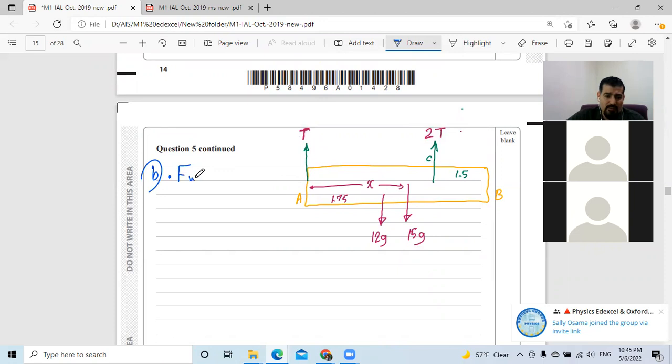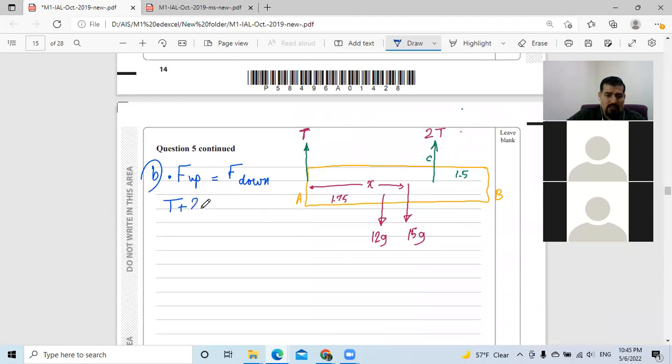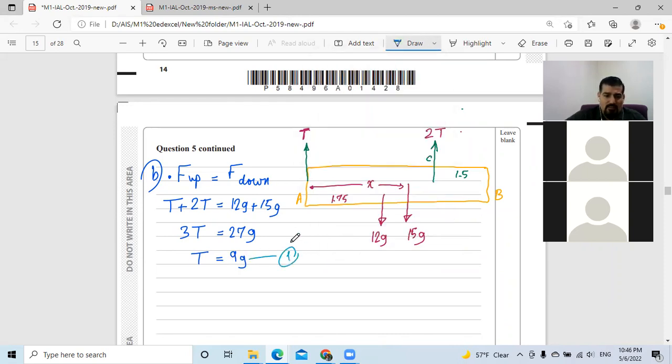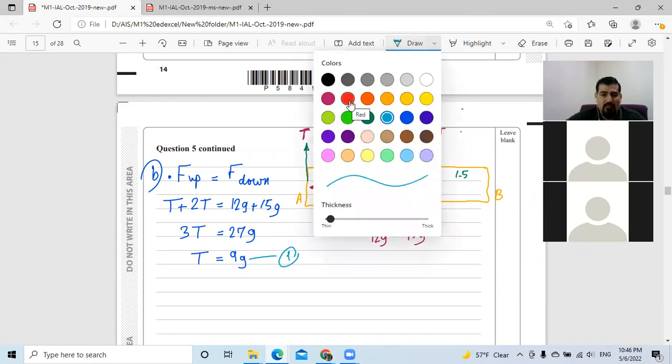So I'm going to start with forces up equal to forces down. So T plus 2T equals 12g plus 15g. So 3T equals 27g. So T equals 9g. I'm going to use this for the moment part.